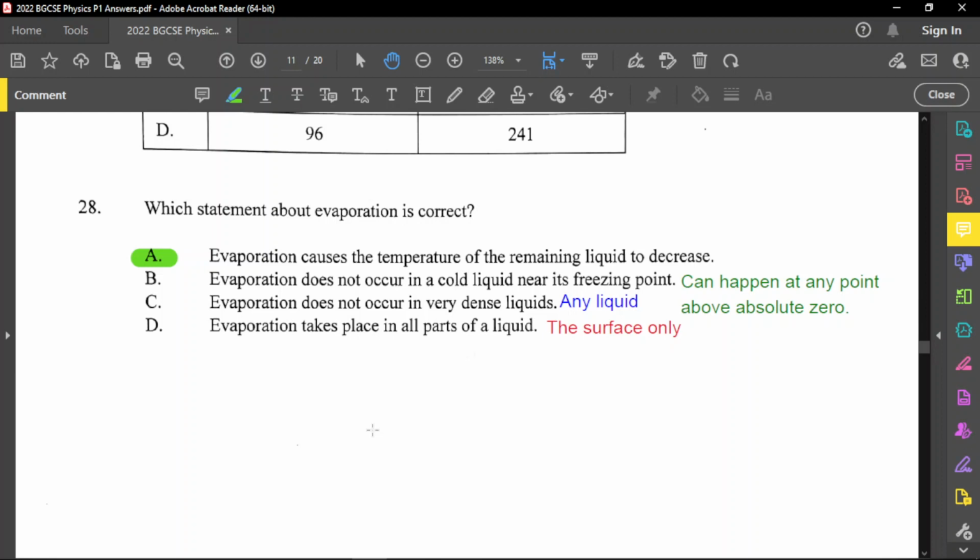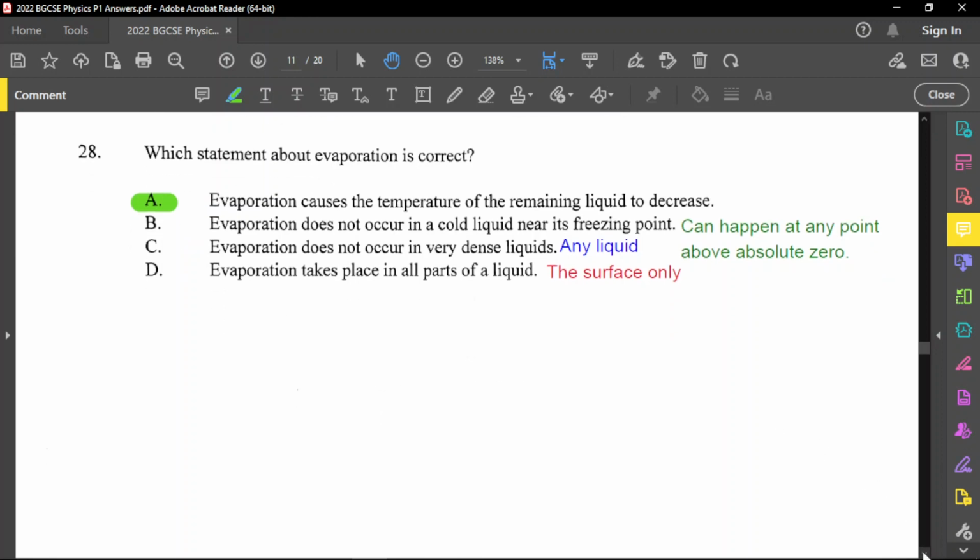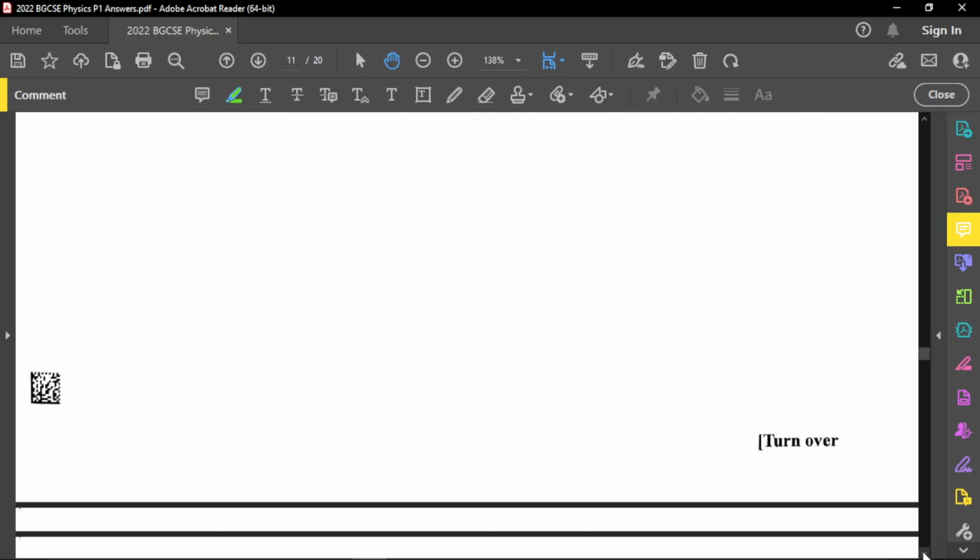The density does not prevent evaporation. It may affect how fast it evaporates, which is a different thing in terms of the movement of heat through the substance, but it doesn't prevent it. Option D, evaporation takes place in all parts of a liquid, is not true. It only takes place on the surface of the liquid, where the gaseous substance will escape.